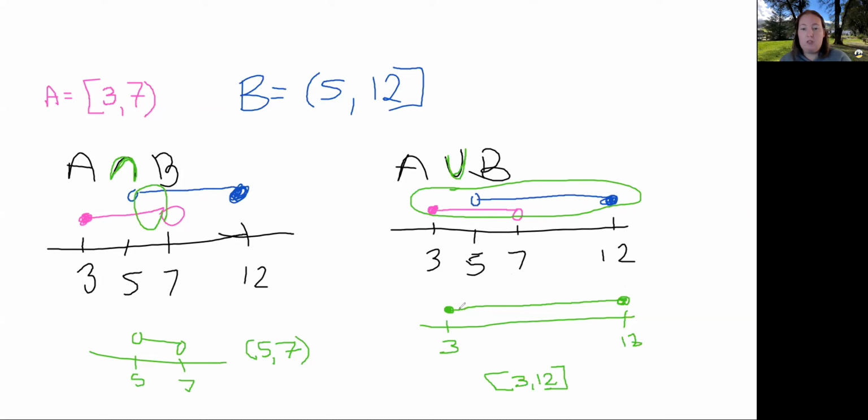So closed dots have the brackets: bracket 3 comma 12 bracket. And again, with interval notation, order does matter. Notice that I write it like a normal number line. I didn't put 3, then 7, then 5, then 12. I put it as a number line because that's what it's representing.